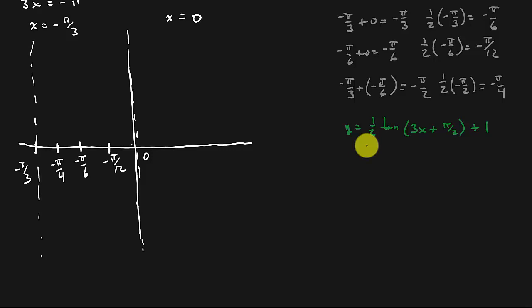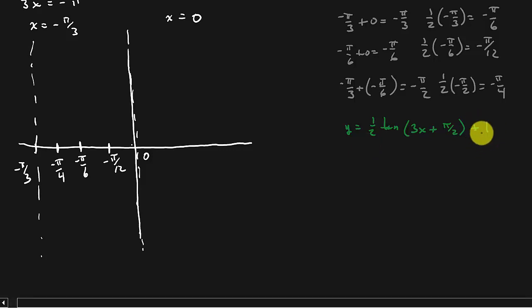However, this problem's a little different. If the plus 1 wasn't there, then you would just mark off 1/2 and negative 1/2, do your points and draw it. But we've got the 1/2, so I would go up to 1/2. That's where that comes from.